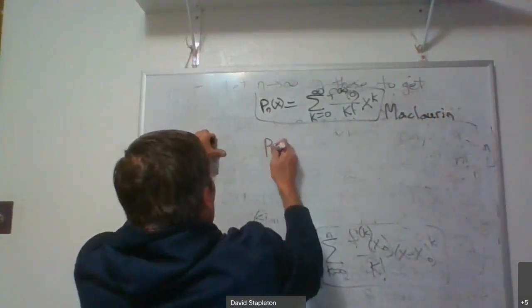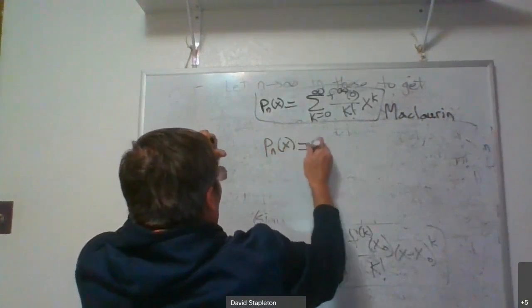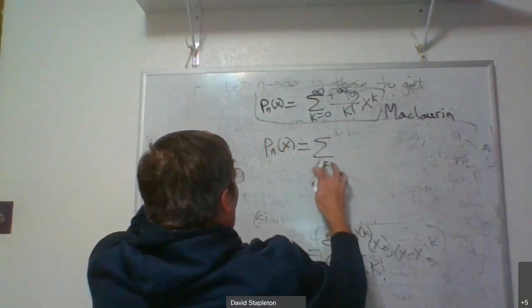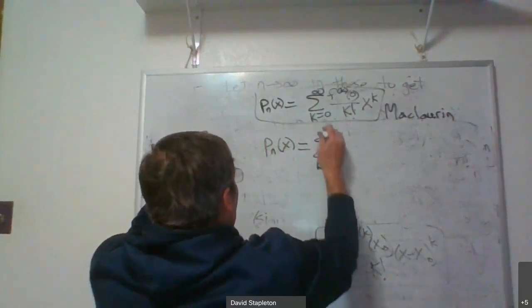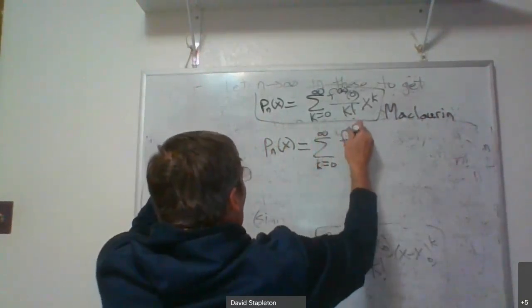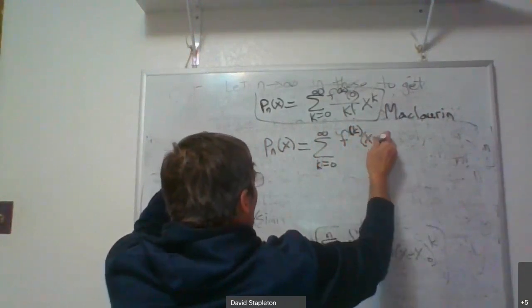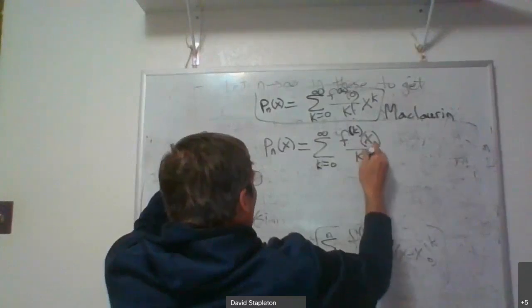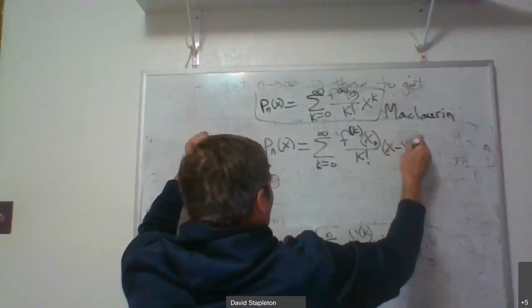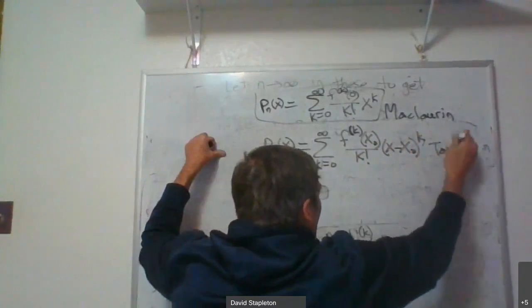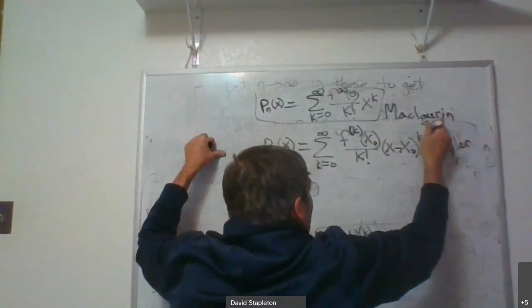And if you expand it around another point x0, with k going to infinity, the terms are f^(k)(x0) over k factorial times (x minus x0) to the k. That's the Taylor series.